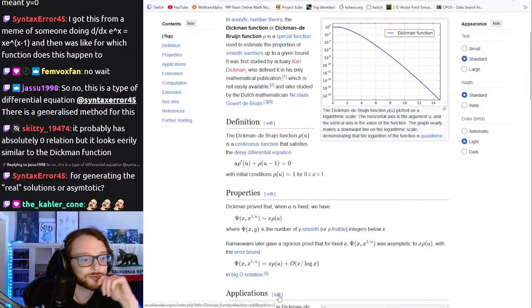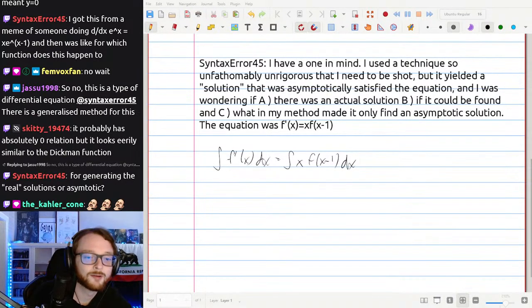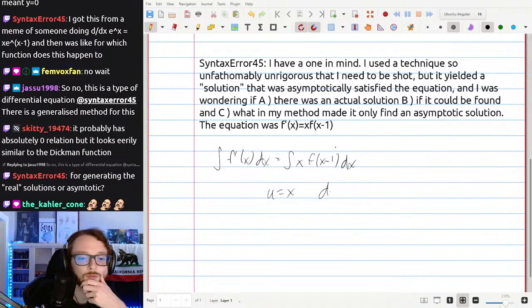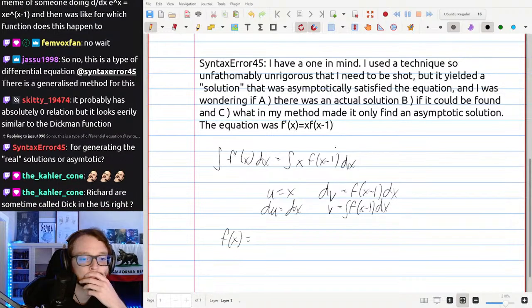It is a delayed differential equation, so it's definitely on the right track. So what do I want to... I guess we're going to want to take the derivative of the x. Something's not right.